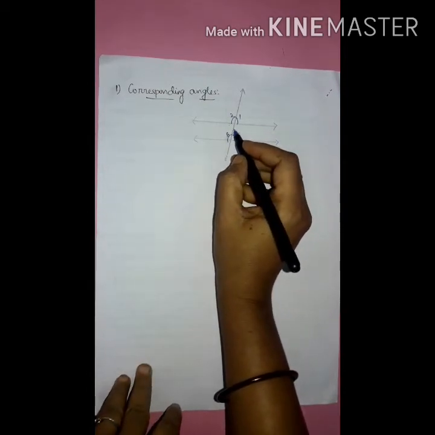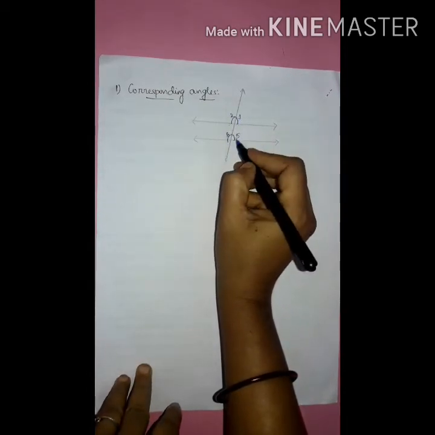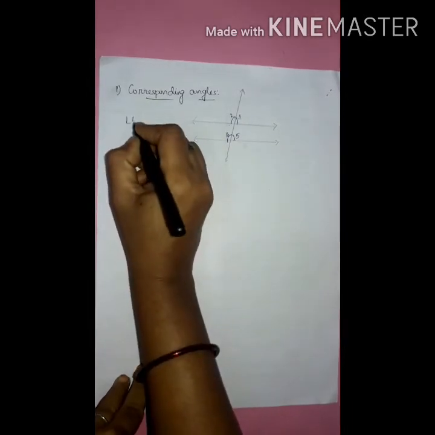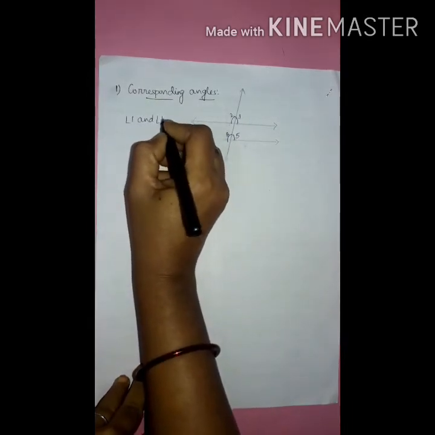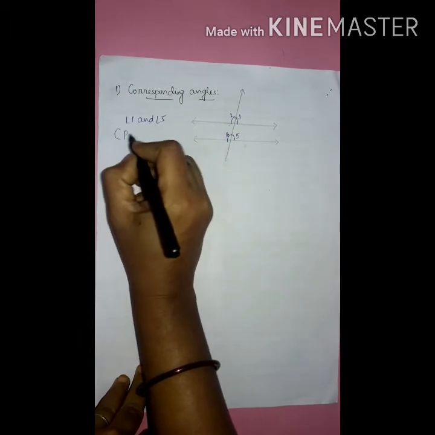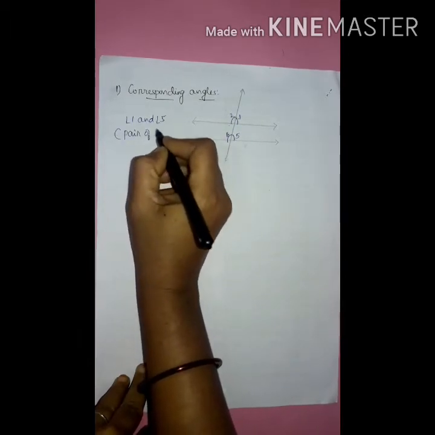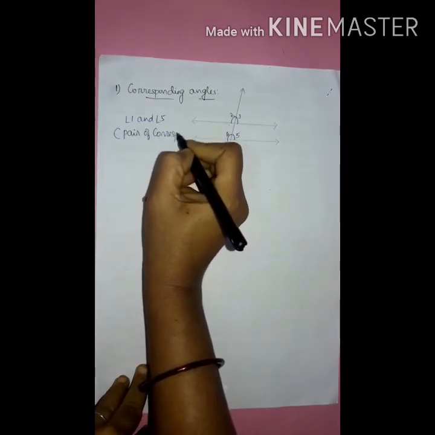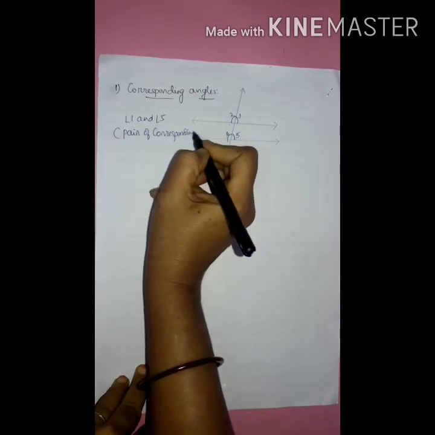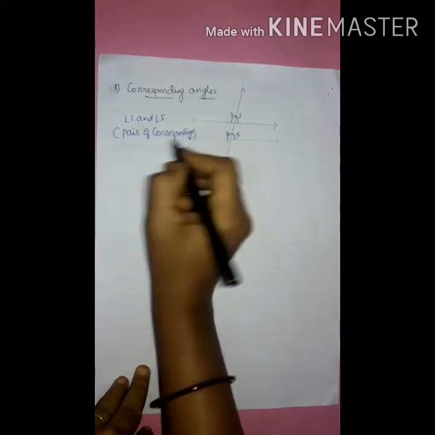So what are the corresponding pairs? Angle 1 and angle 5 are a pair of corresponding angles, meaning the same side of the transversal line.